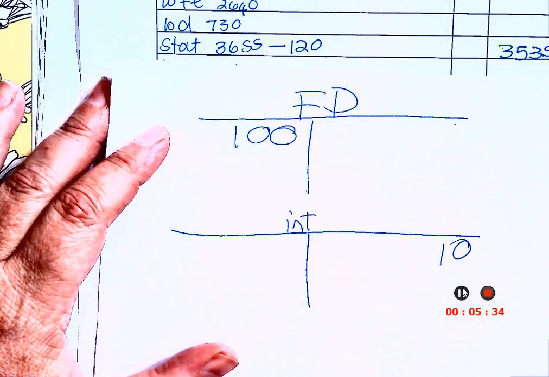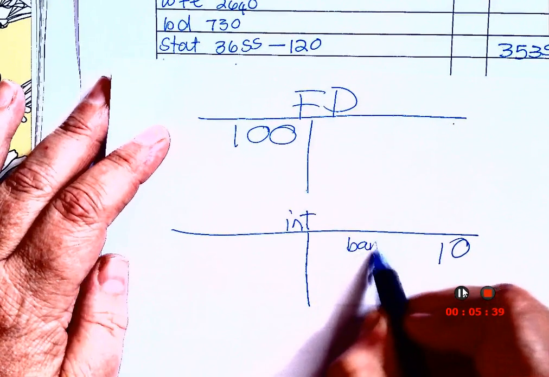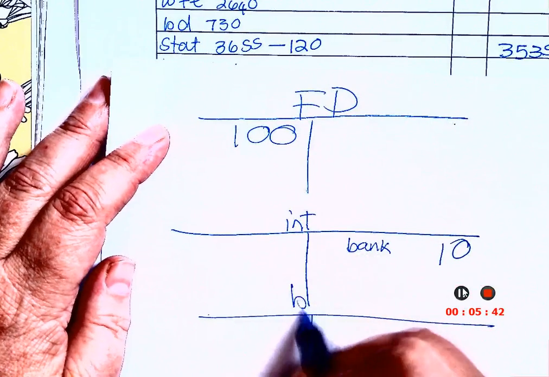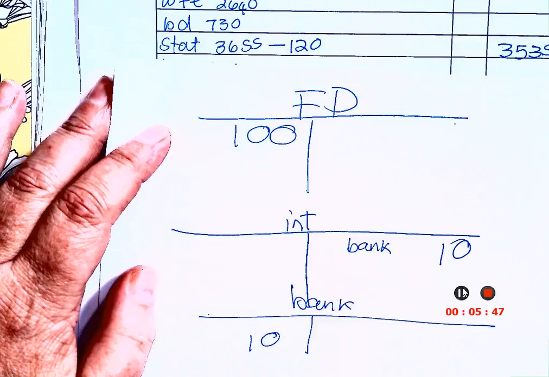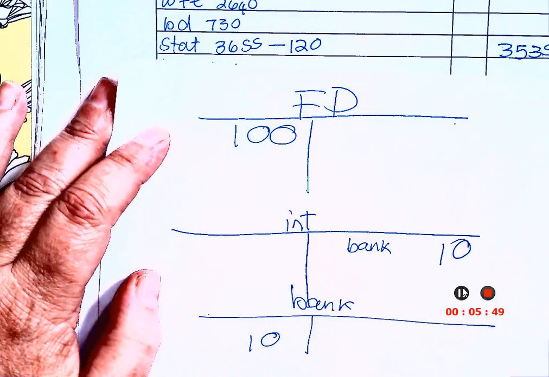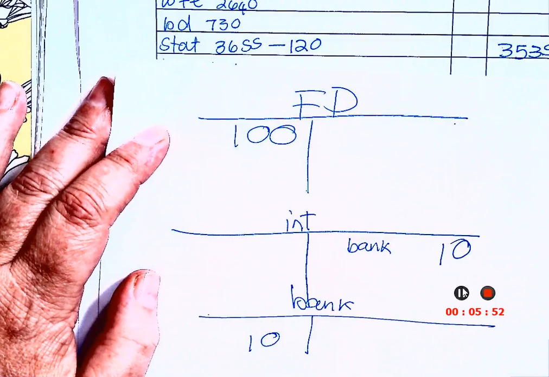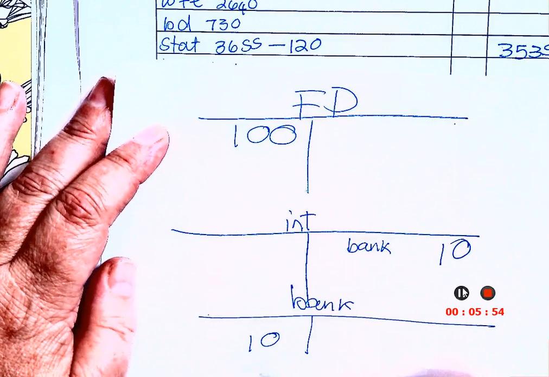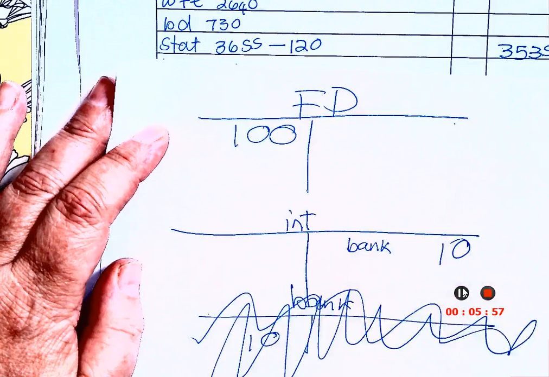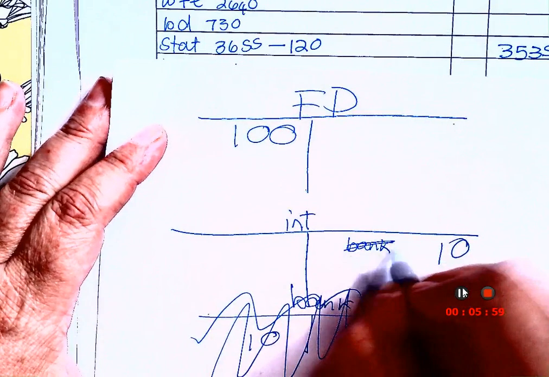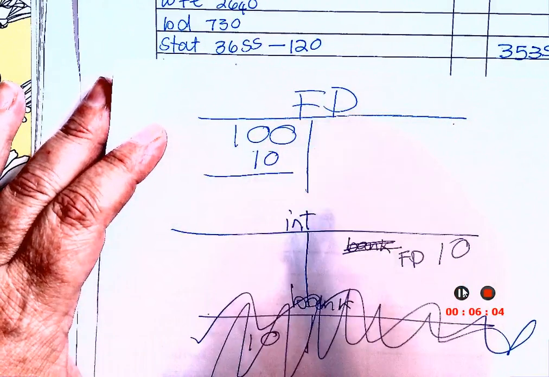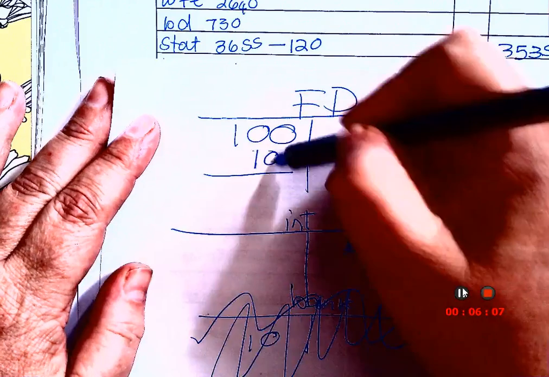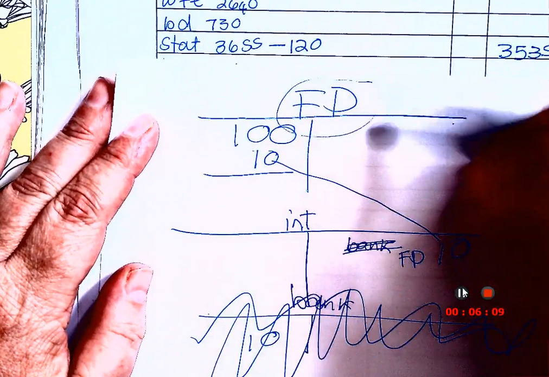If it was not reinvested, that goes to bank, so my bank will increase with 10. I take the money and go buy a stock suite with it. If it is reinvested or capitalized, I'm not going to receive it now. I am going to put it with my fixed deposit. That is reinvest. I make it part of the investment.